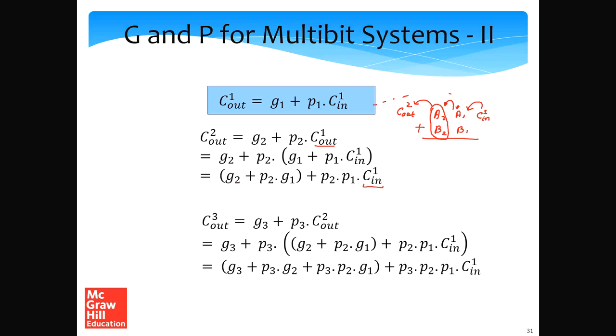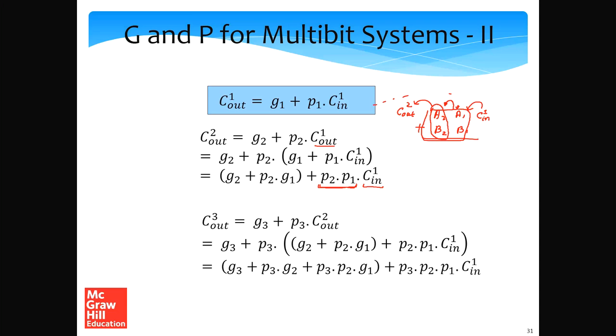So I can think of this as one big block now, right? So for this block, the generate function is actually G2 or P2 and G1, and the propagate function is P1 and P2, which basically means that the input carry will show up in the output if every pair of bits is propagating it.